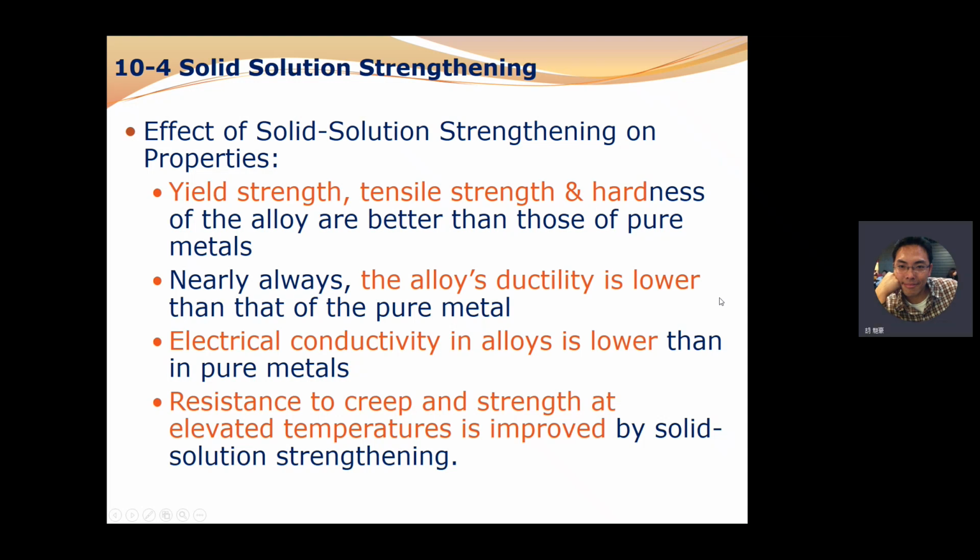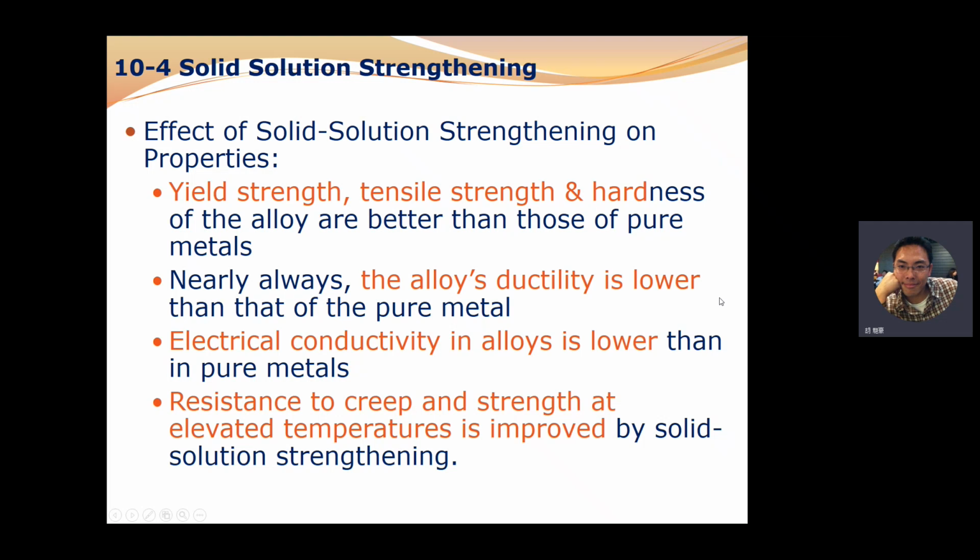The engine block in your motorcycle, scooter, or car. Its material is always aluminum alloy, aluminum casting alloy, because aluminum has a relatively high thermal conductivity.